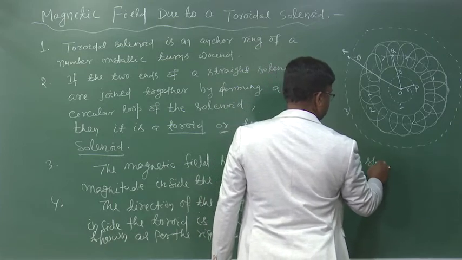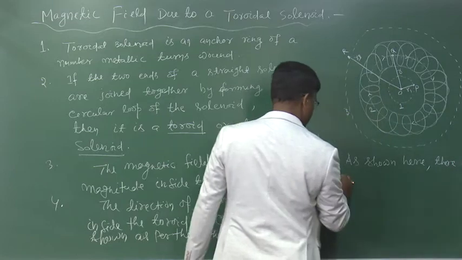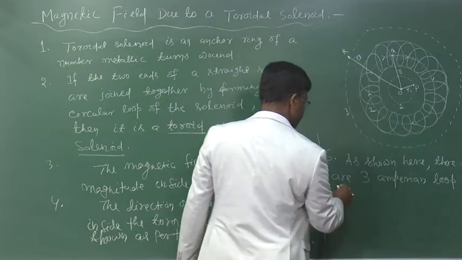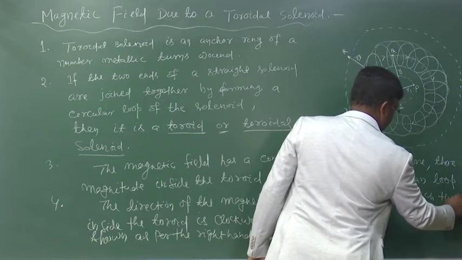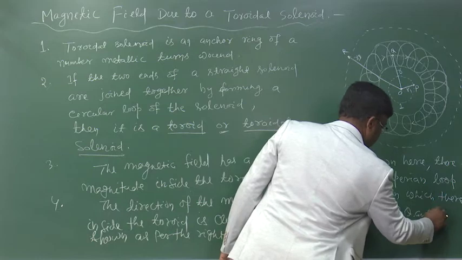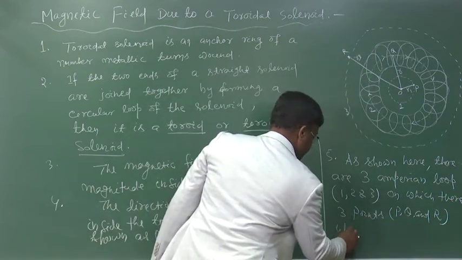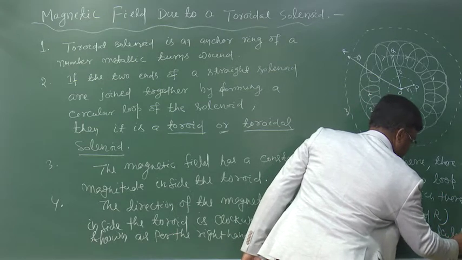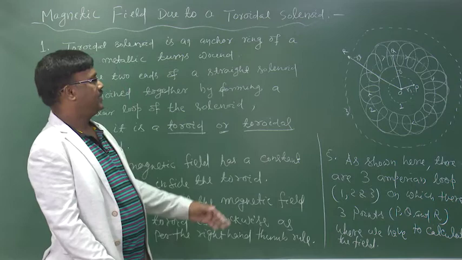On them there are three points P, Q and R, where we have to calculate the field. So, let us discuss one by one.